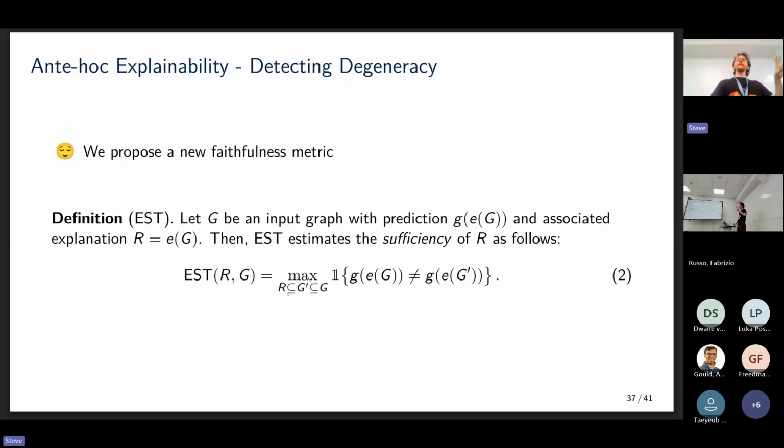So basically, you have R, that is the explanation, you have G, that is the entire graph, and you start sampling extensions of the explanation within the graph. And then you take the maximum, that is, you take the worst case. So as long as you find a perturbed graph that witnesses a change in the output, we mark the explanation as unfaithful. So it's a more conservative metric, if you want.